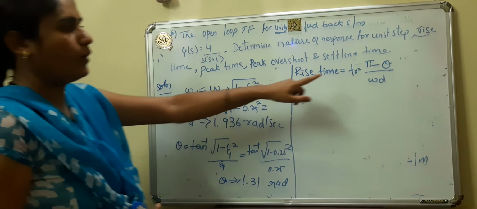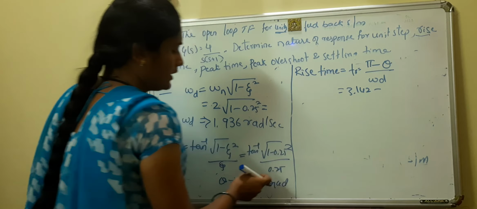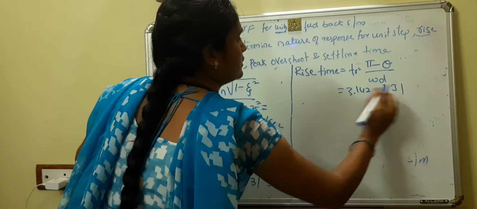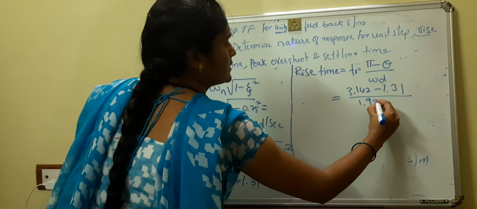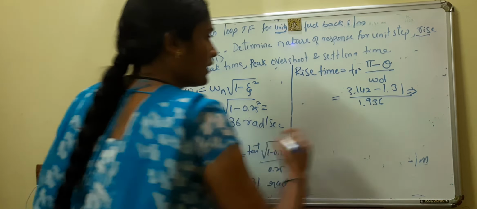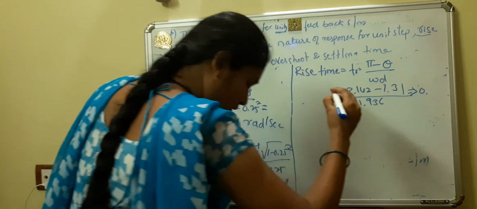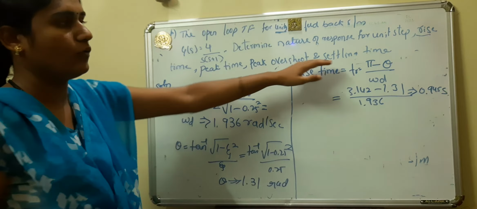Okay, we have pi, that is 3.142, minus theta value is 1.31, divided by omega d is 1.936. So we will get rise time as 0.945 second.